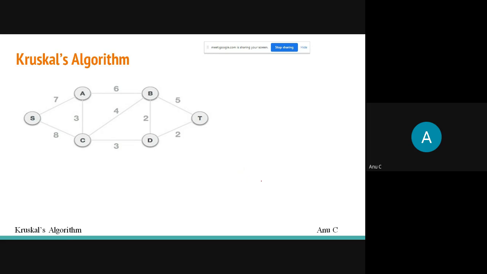Kruskal's algorithm is used to find the minimum cost spanning tree from the given graph. So let us consider this example. With the help of this example, I will explain how to find the minimum spanning tree using Kruskal's algorithm.